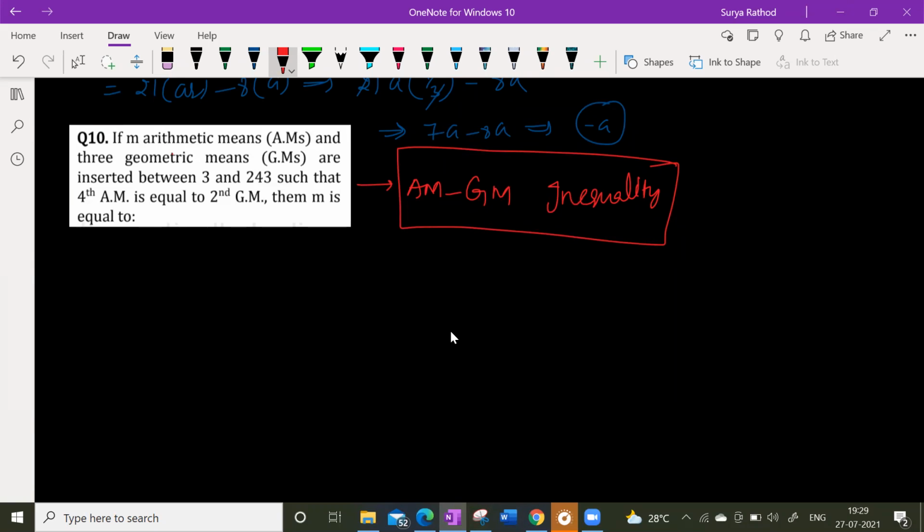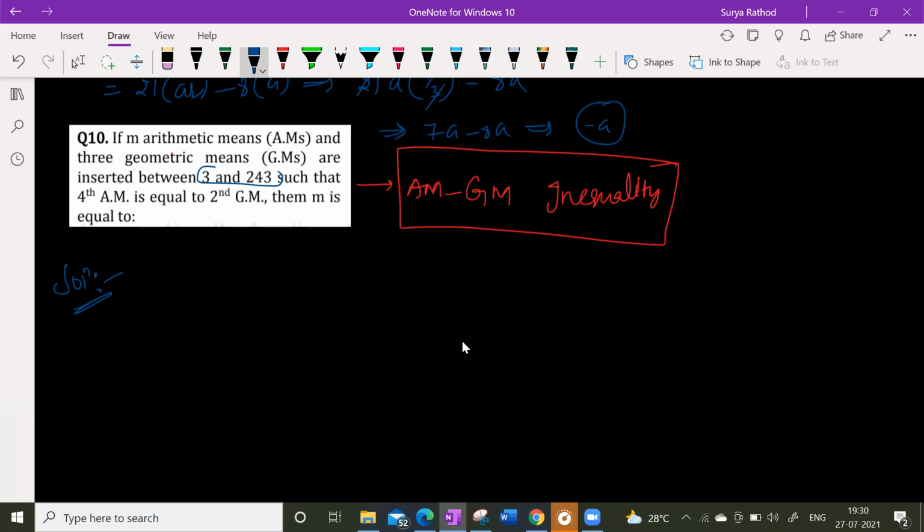Solve this 10th question. Guys, I'll give you a hint. Look, if M arithmetic means and 3 geometric means are inserted between 3 and 43.